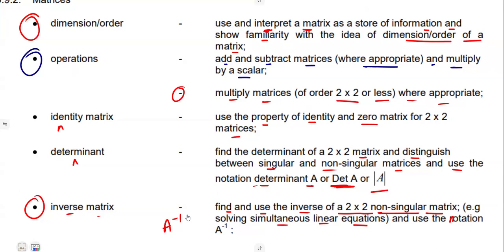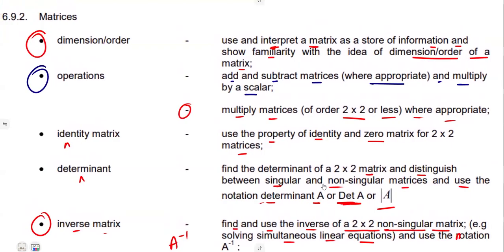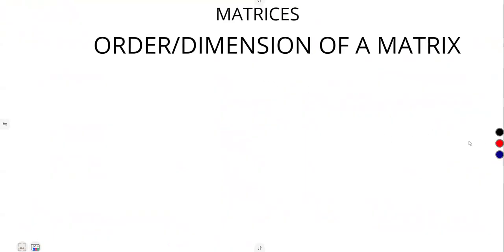Like I said, for the introduction part that we are going to actually deal with, it is on the order or the dimension of a matrix. That is basically the presentation you're going to have, which if we are to represent or refer to our matrices, they will be in a rectangular format, in a rectangular form.